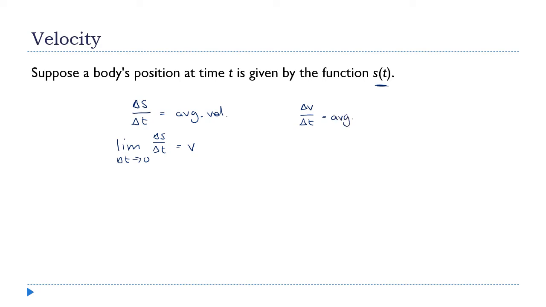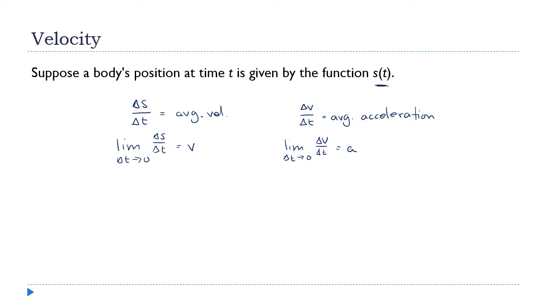This is the average acceleration. Again, I'm using the physics definitions here. So if we take the limit, again, as delta t approaches 0 of delta v divided by delta t, we get the instantaneous acceleration.